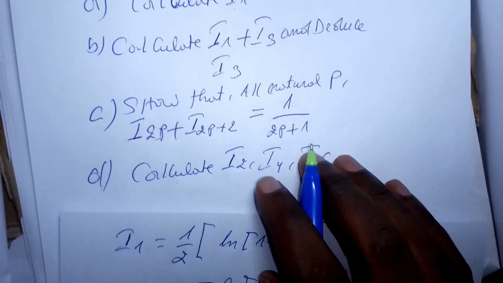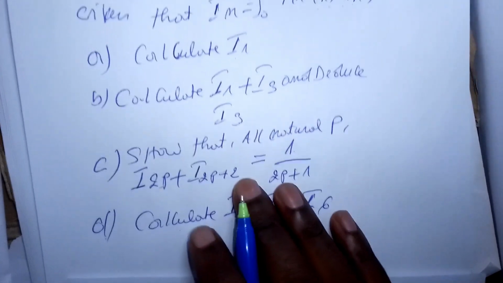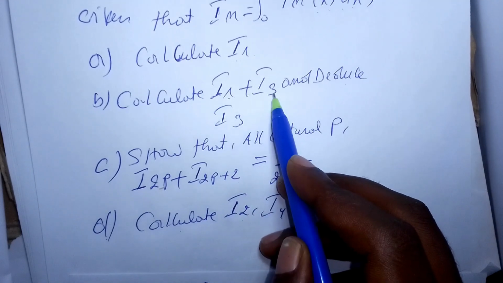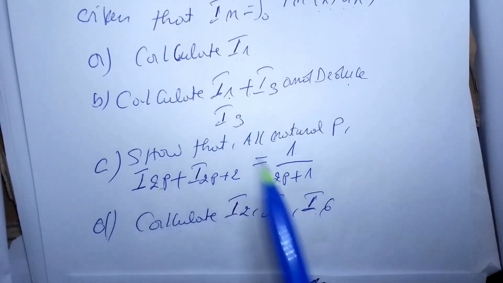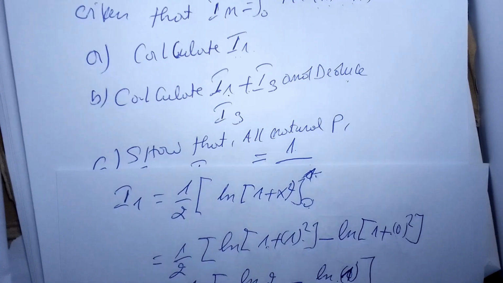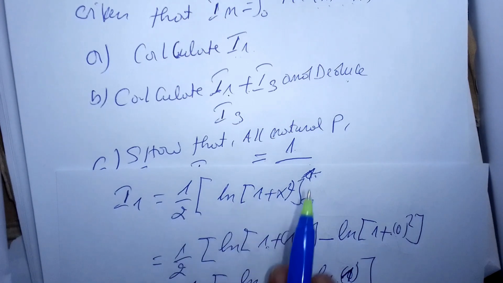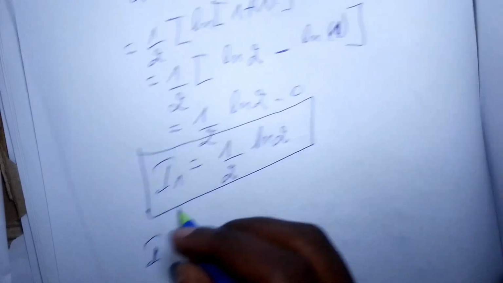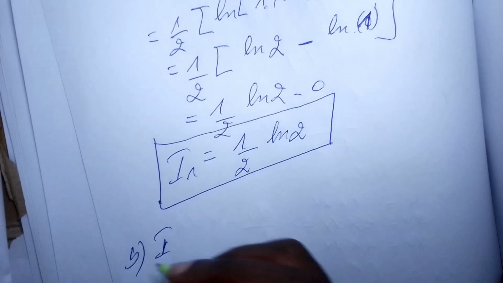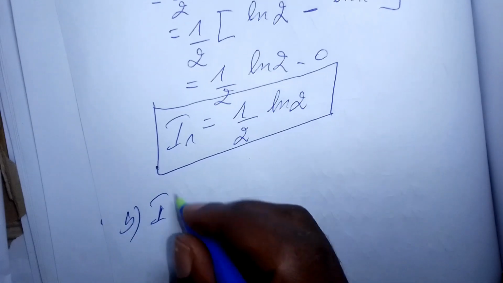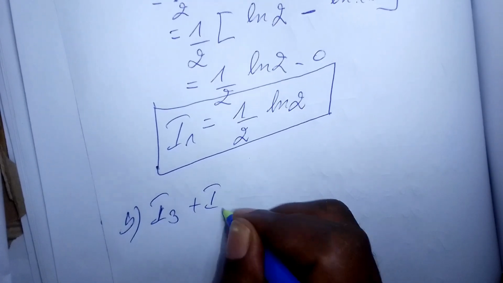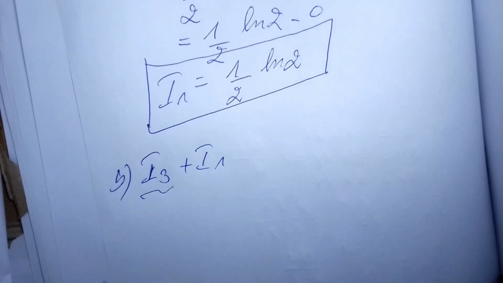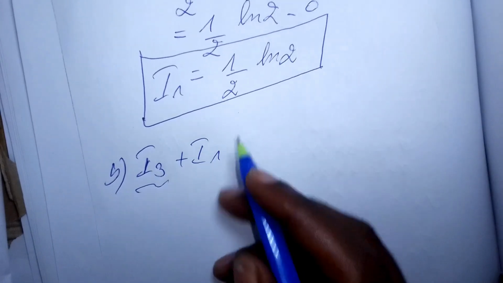The second problem here is to calculate I1 plus I3 and deduce I3. What we are going to do is like what we did for I1. In B we have I3 plus I1, so we are going to find this I3.